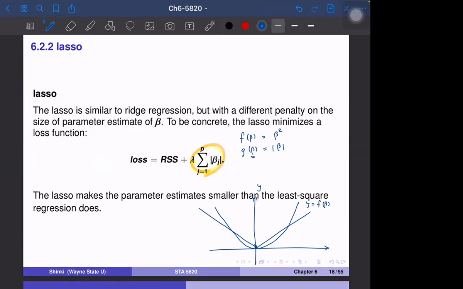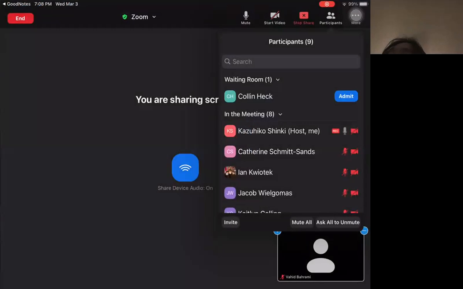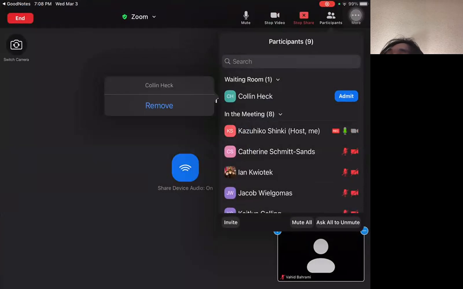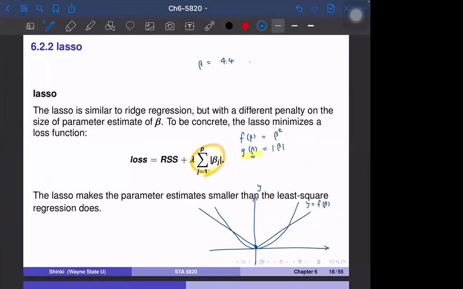Because a small difference in a parameter doesn't change the fitted value much, but the penalty gets much smaller if we use g. For example, if the estimate is beta equal to 4.4, that may become 4.3, but if beta is equal to 0.1, then the lasso regression makes it 0.